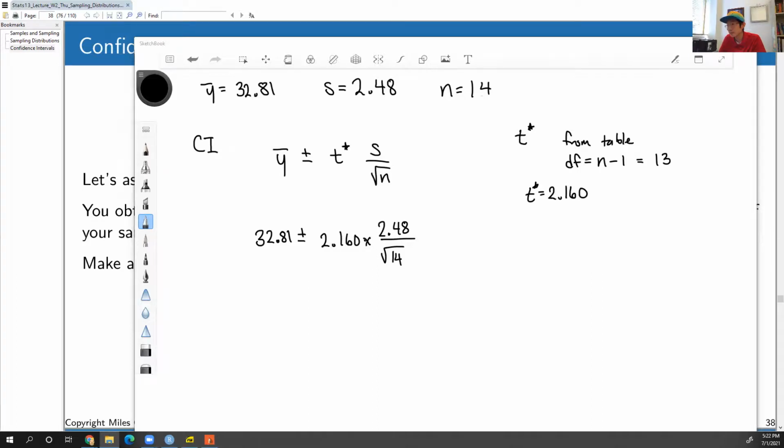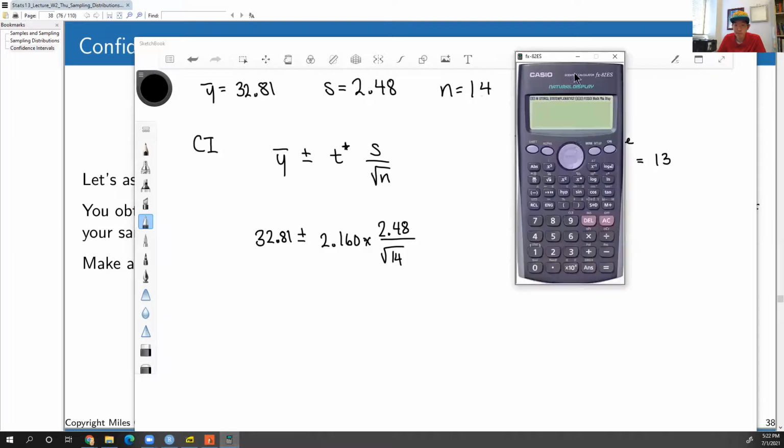Okay, so we'll do 32.81 plus 2.16 times 2.48 divided by the square root of 14.